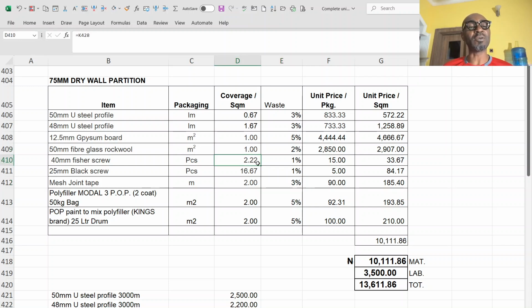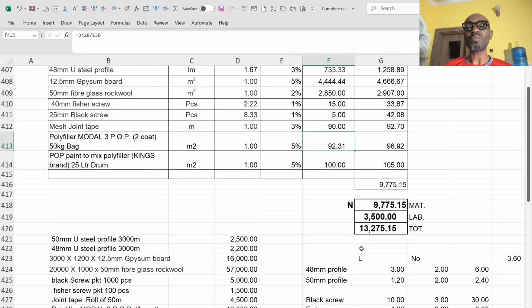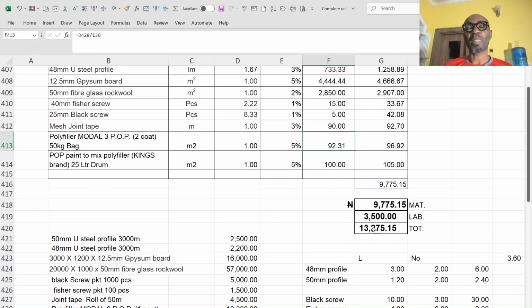The screw for the base profiles will remain, while the one for the black screw will now become 1. Then the joint tape will now become 1, while the painting will be 1 square meter as well. So you have a cost of 13,275 for a one-sided cladded drywall that you're putting against an existing block wall.